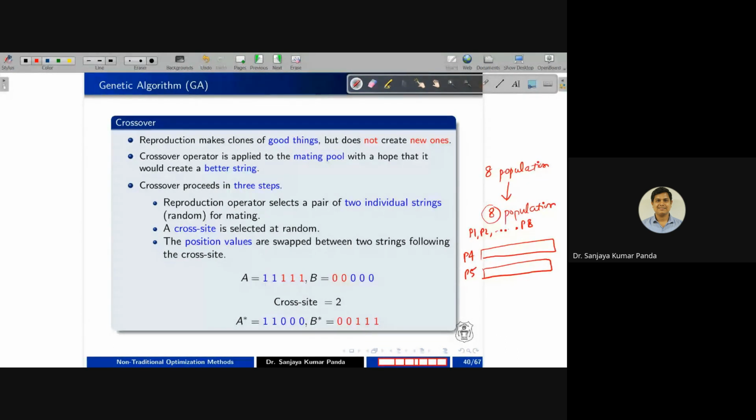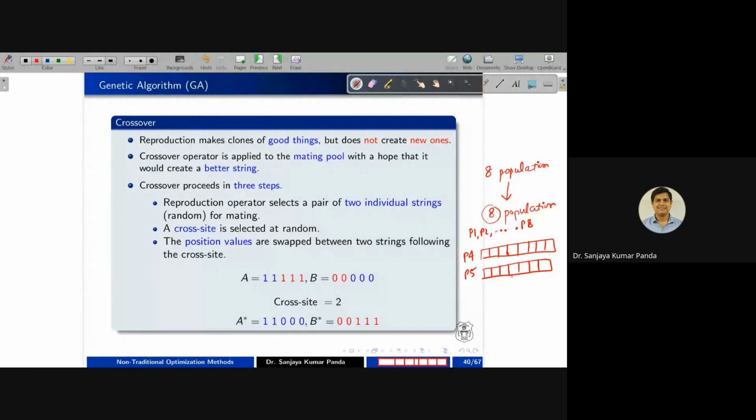4 and 5. Then I have to find a point where I will make a crossover. For example, I will choose this particular point. Like we have a male chromosome and a female chromosome, right? So the child has some behavior of the male parent as well as the female parent, right? So we need a cross-site point. Let's say we represent it in 8 bits.